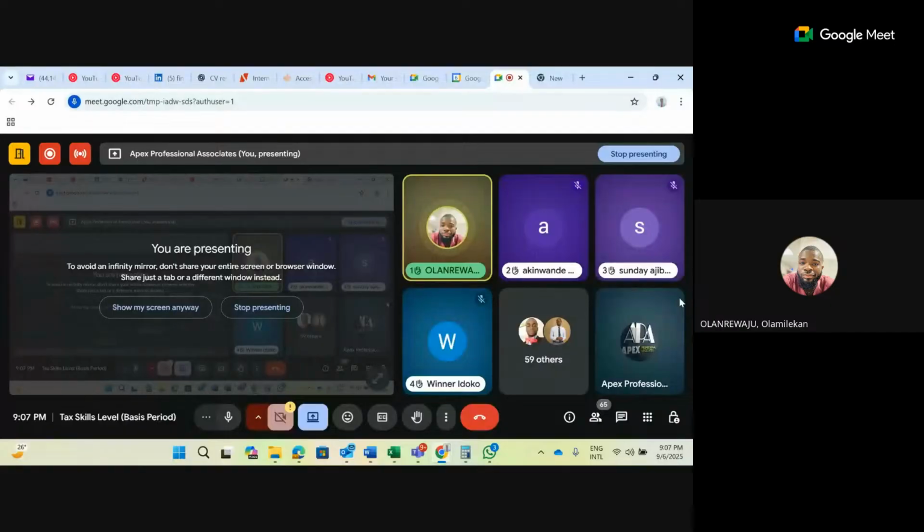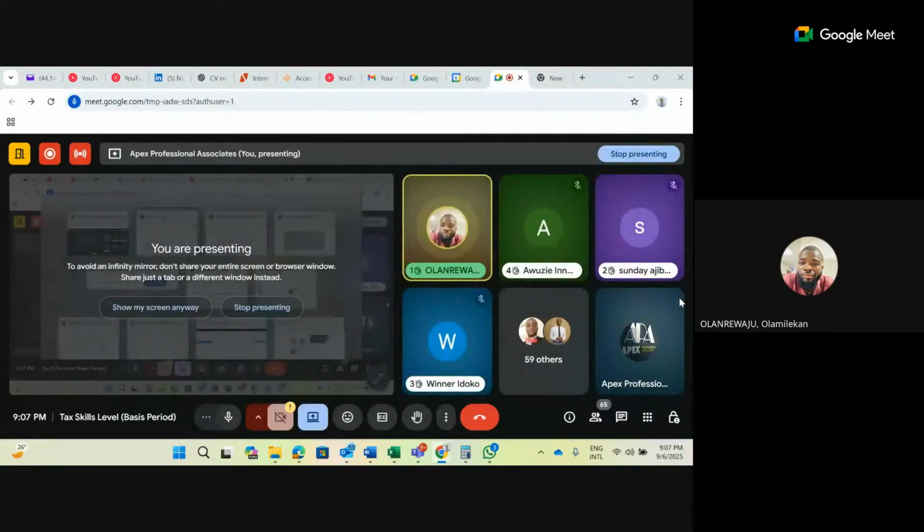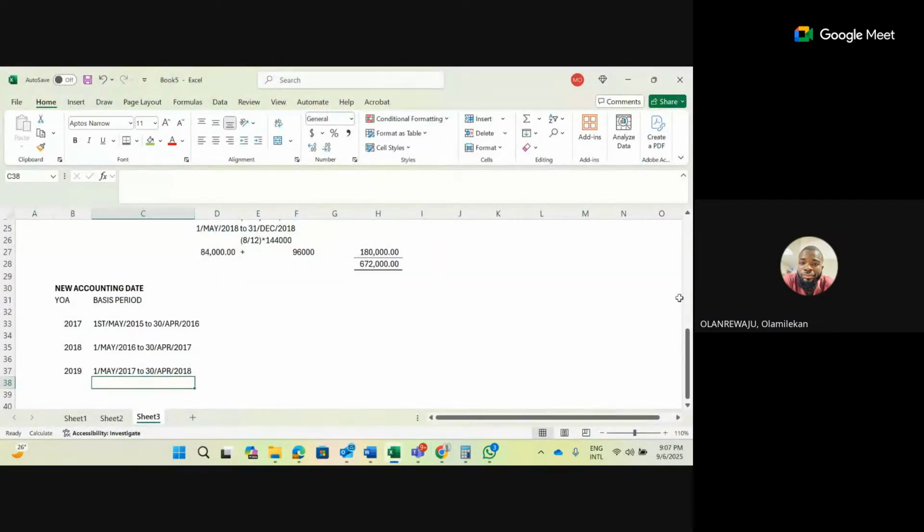My question is just a brief clarification. On the Finance Act of 2019, is it stating that all companies now are going to be using preceding year basis or actual year basis? Preceding year basis. Thank you.